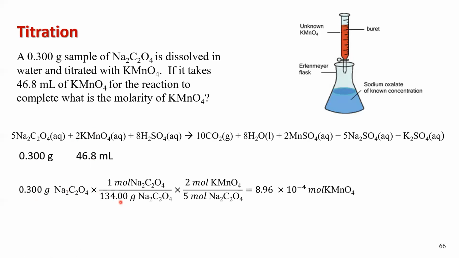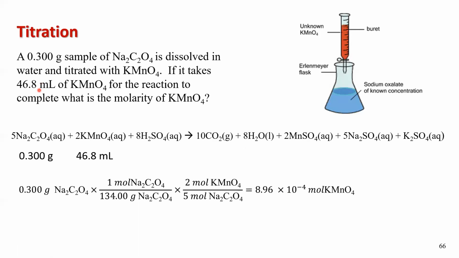Okay, well, we'd look up Na2C2O4 on the periodic table and we'd figure out the molar mass. We get the moles of sodium oxalate. It's a 5:2 ratio based on the balanced equation. So there must be 8.96 times 10 to the minus 4 moles of potassium permanganate in this solution.